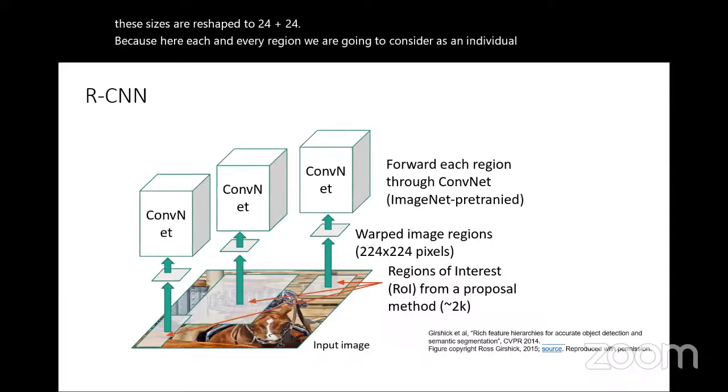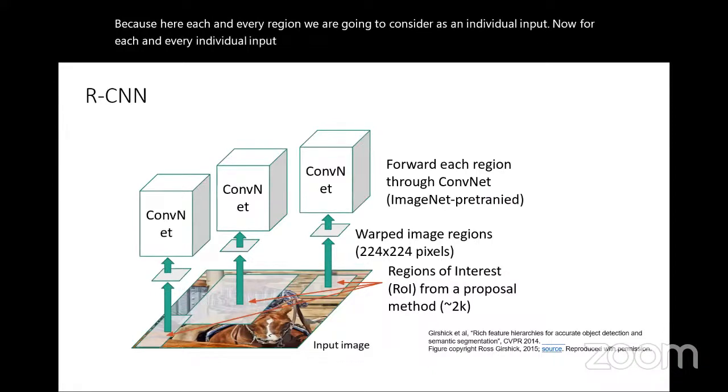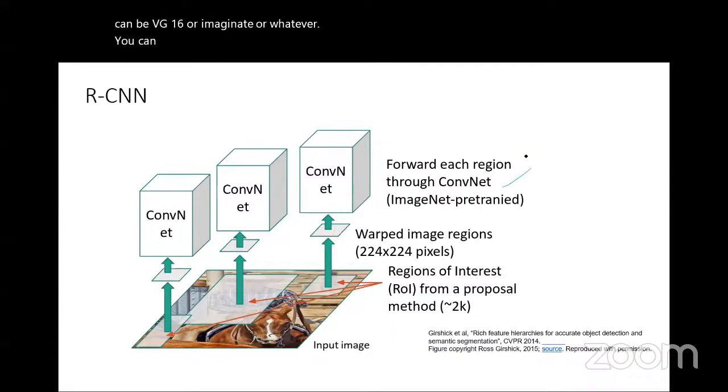Now each and every individual input can be passed as an input to the CNN architecture. Maybe it can be VGG16 or ImageNet or whatever. You can choose anything, but as per this particular paper, they used an ImageNet pre-trained network.